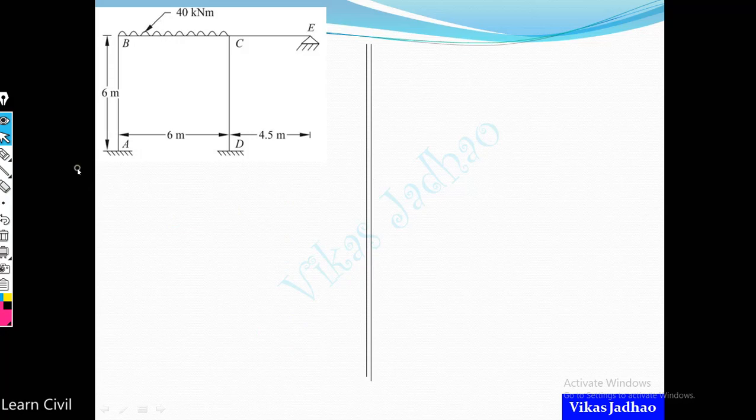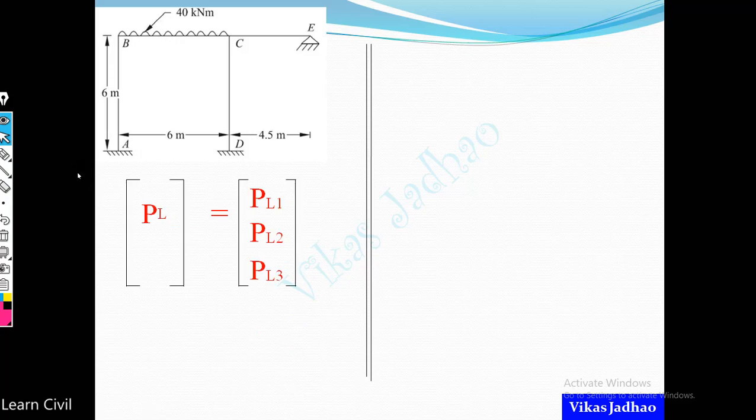Now we have to find the PL matrix. The PL matrix will be a 3 by 1 matrix because we have three unknown displacements. PL1 is the summation of fixed end moments of BA and BC. PL2 is the summation of fixed end moments at coordinate number 2, that is CB, CD and CE.